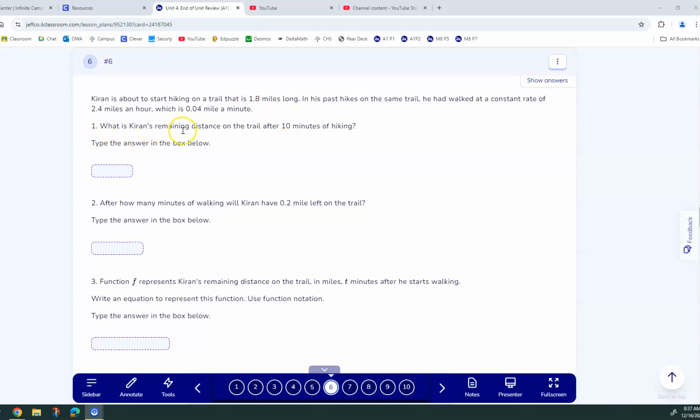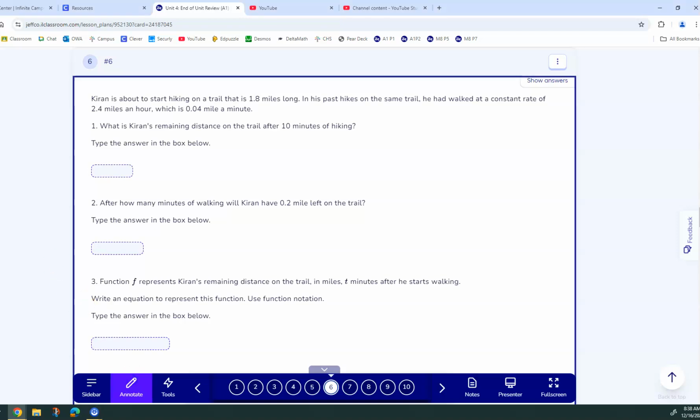What is Kieran's remaining distance on the trail after 10 minutes of hiking? Well, if he goes 0.04 miles in a minute, how far has he traveled in 10 minutes?